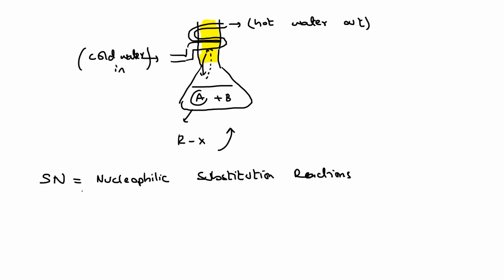In this category of reactions, we have two basic types, SN1 and SN2 reactions. What is an SN1 reaction and what is an SN2 reaction? Before going to that, we'll differentiate among them. So let's say this is SN1 reactions and that's SN2 reactions.